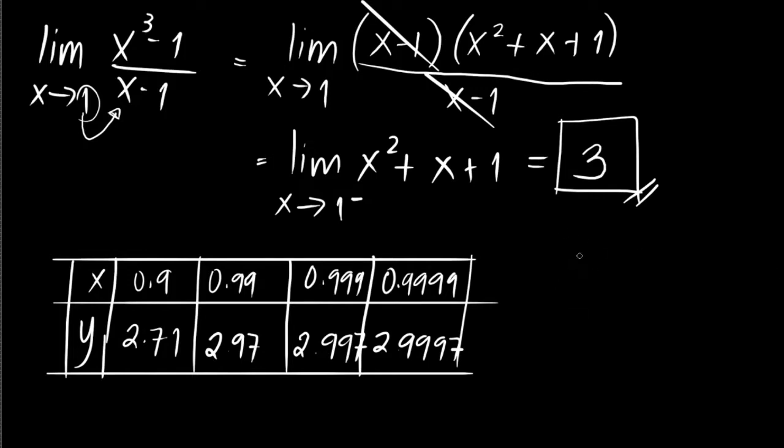So if you are going to plot the graph for this function, ang inyong point sa 1, 3 should also be a hollow. Because it's a discontinuity, a removable discontinuity to be specific.